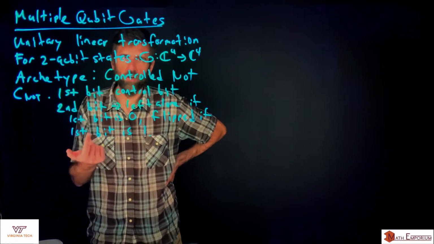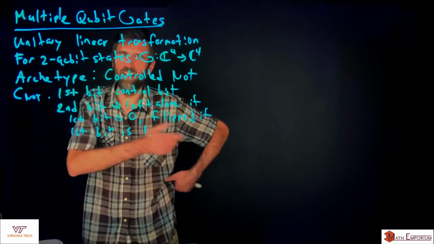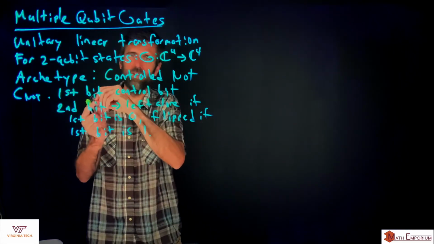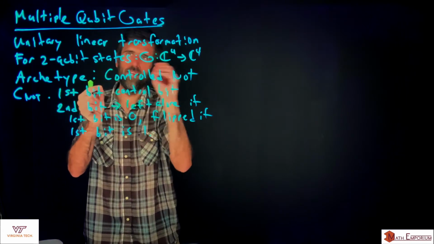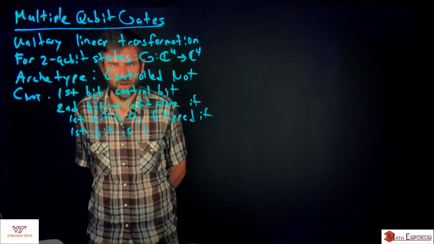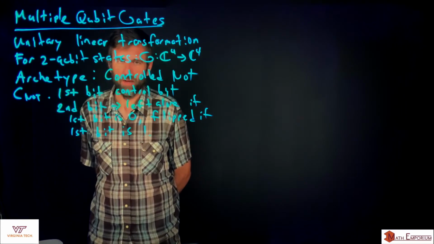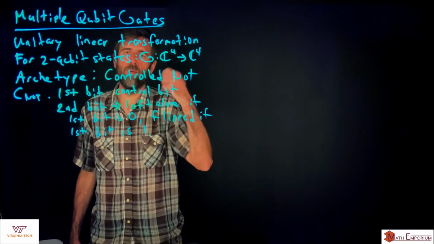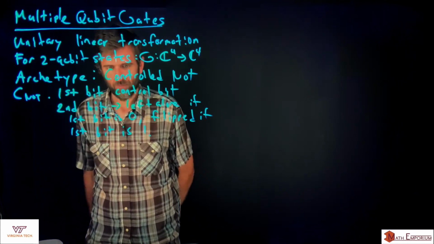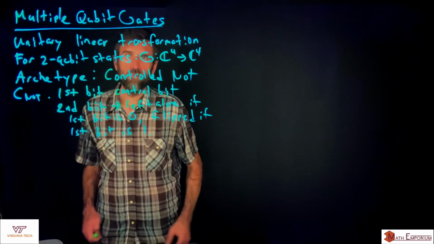And this is essentially what we're doing, because the control bit isn't changed. So the first output bit is just keeping track of the original input bit, and the second output bit is containing the result of the XOR. Because leaving it alone if it's 0 and flipping it if it's 1 is the same as XORing those 2 bits.